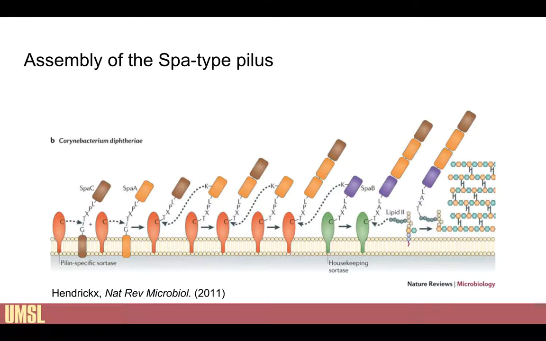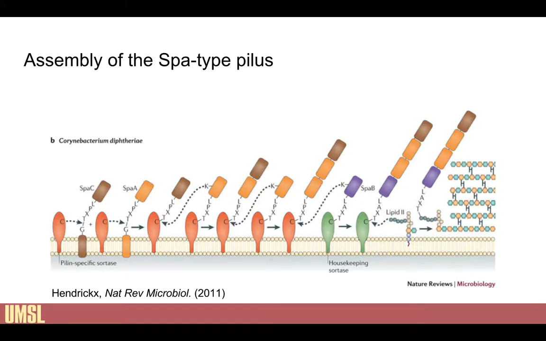Shown here is the Spa pilus of Corynebacterium diphtheriae. SpaC and SpaA get covalently bonded together. More and more SpaA subunits get added on. Finally, a terminal SpaB protein is added on the end, and this is what gets anchored to the cell wall.